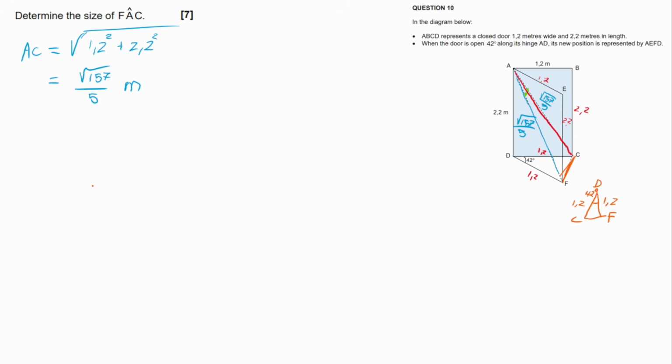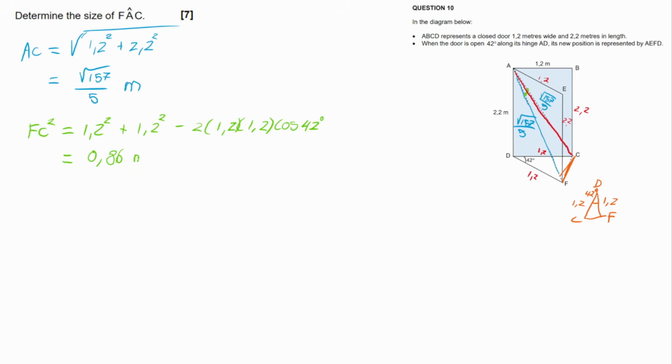We get that FC squared is equal to 1,2 squared plus 1,2 squared minus 2 times 1,2 times 1,2, and then cos of that angle, 42 degrees.